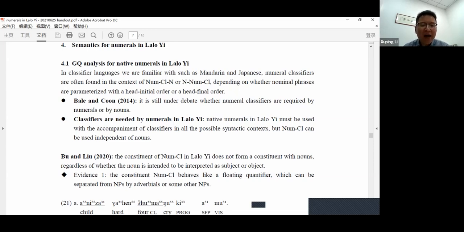As far as Lalo Yi is concerned, we would argue classifiers are needed by numerals, because first, its native numerals can never be used in bare form. There are no bare numerals in Lalo Yi. And numcla cannot merge with an NP in this language.